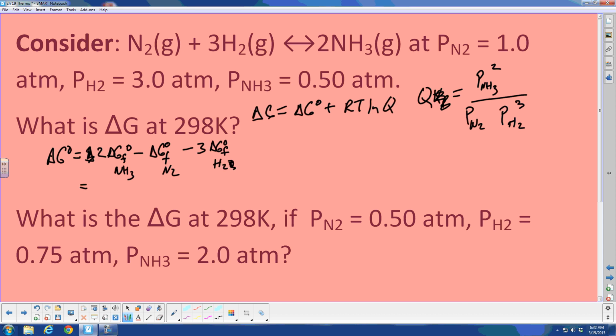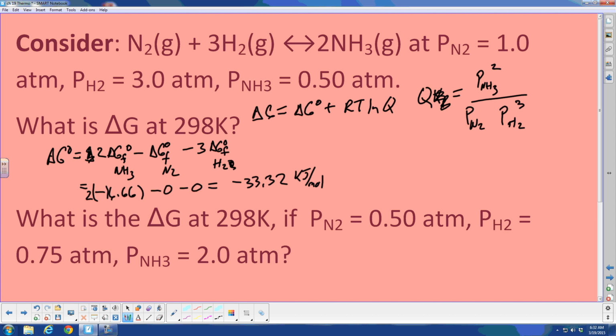So when I look up in my table, what do I get? I have 2 times -16.66 minus 0 minus 0. So that is -33.32, and we want to be very careful here: kilojoules per mole. Got it?